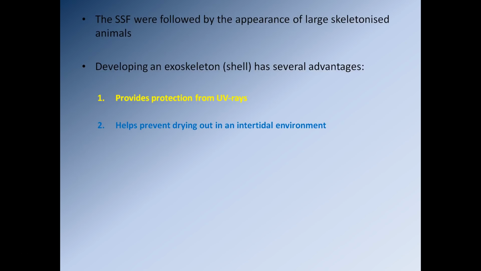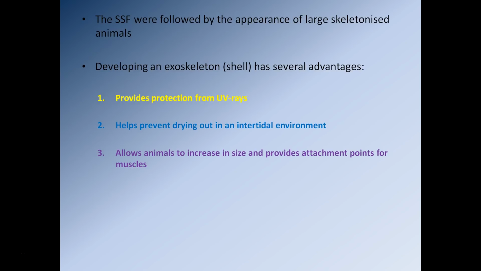That's going to help keep the organism inside moist, and so that's going to avoid drying out. And so having an exoskeleton allows you to avoid drying out, and therefore it allows you to move into these transitional environments, beaches, lagoons, deltas, so that is quite an important evolutionary step.